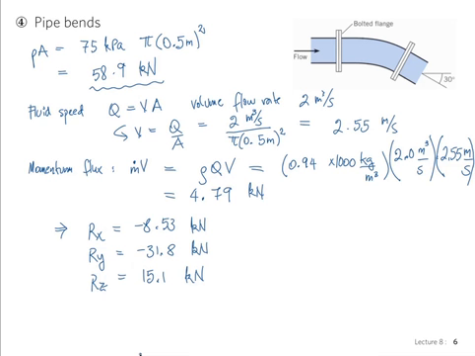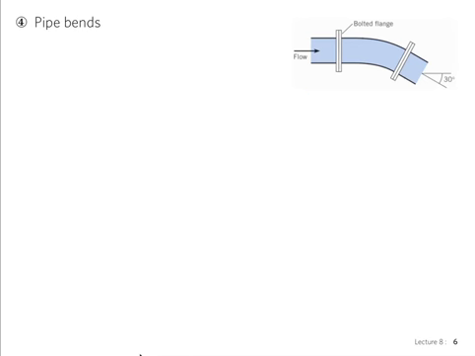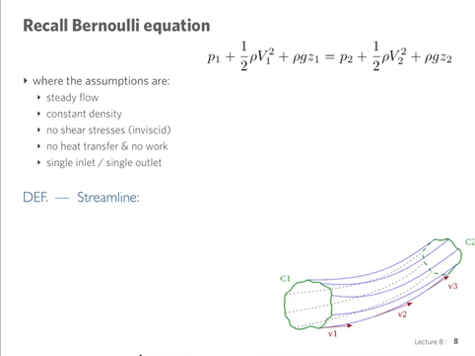Now I want to go back a little bit to Bernoulli's equation. Let's go back to Bernoulli's equation. I've written it here the way we've presented it, and I've listed the assumptions again. We have assumed that the flow is steady, so all derivatives with respect to time are equal to 0.